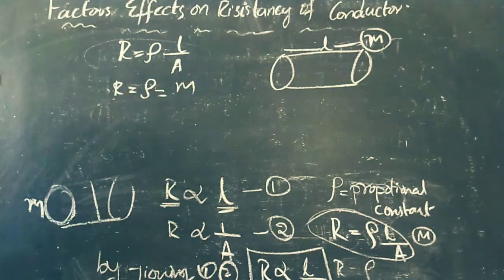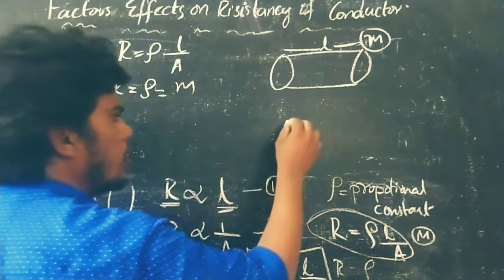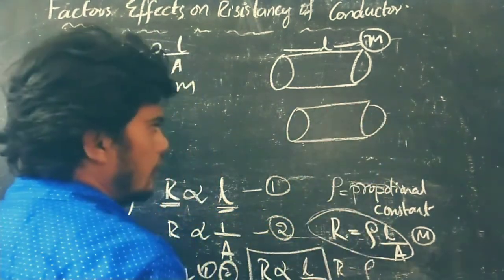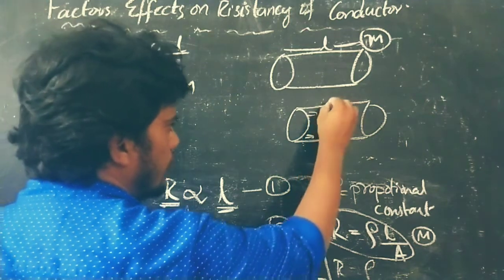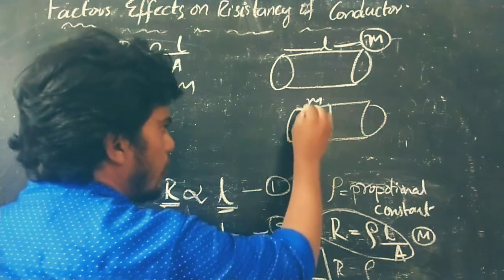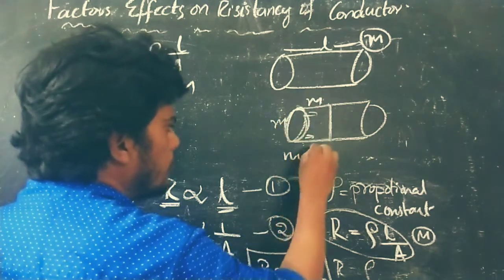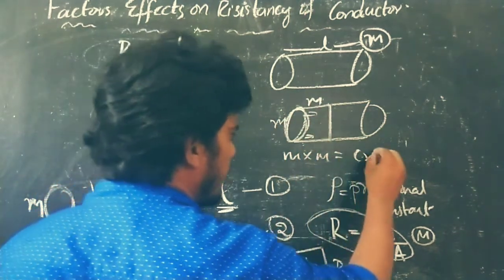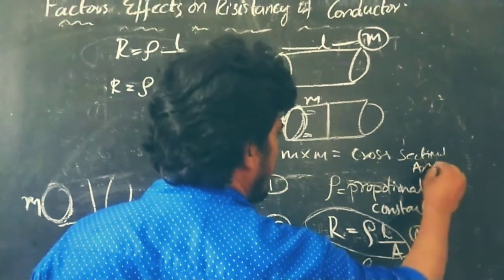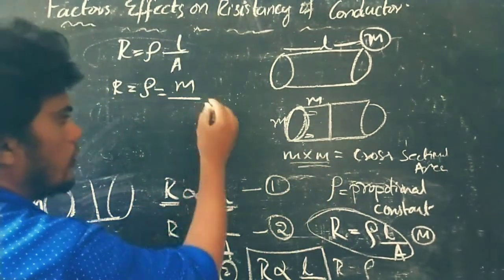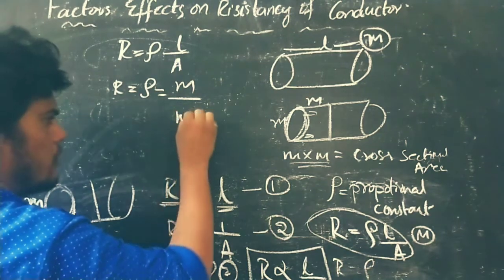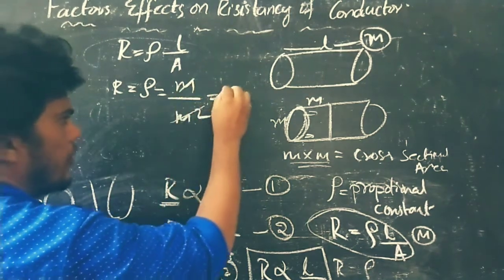As well as the cross-sectional area: if electrons travel from this place to this place, the distance is meters and the width is meters. So meters into meters is the cross-sectional area, which means meters squared. So the unit of the cross-sectional area is meters squared. One meter cancels out.